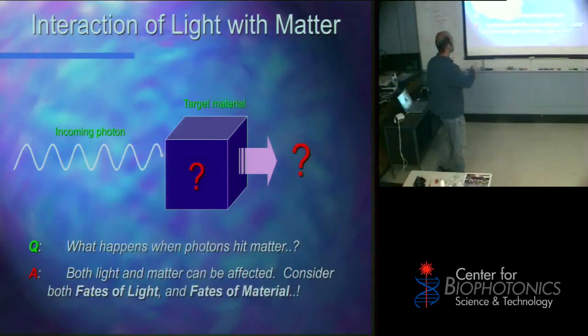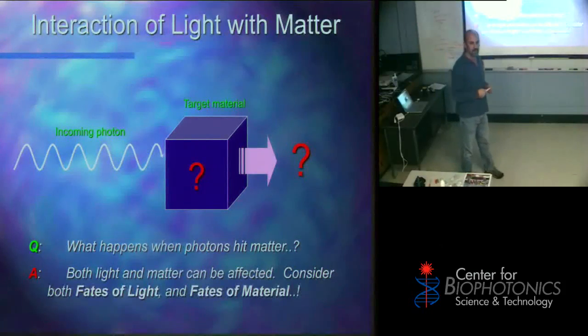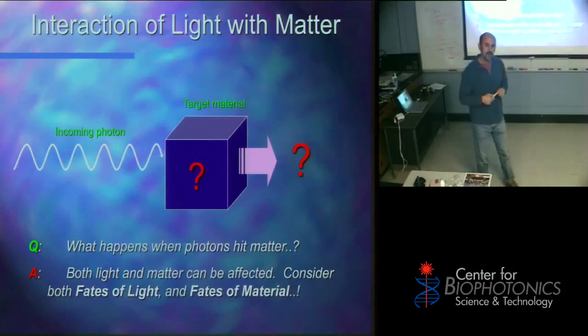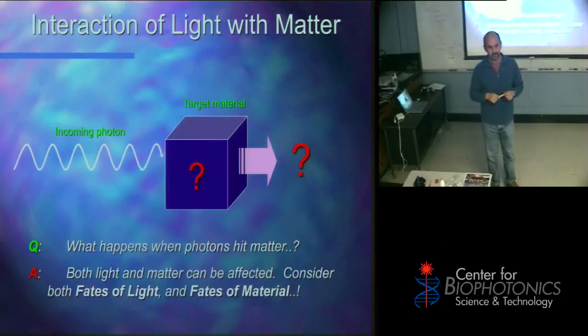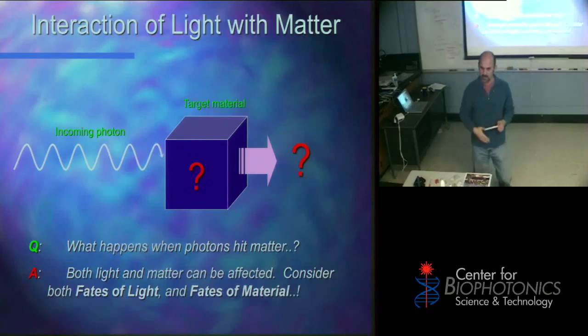So what happens when photons hit matter? If a photon comes in, hits something, what could happen to that photon? What are some ideas? The photon could? Yes. It could go through or bounce back. Okay, some other ideas. Yes. It could interact with material in some way.